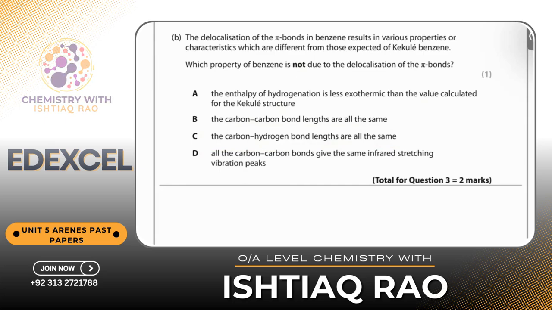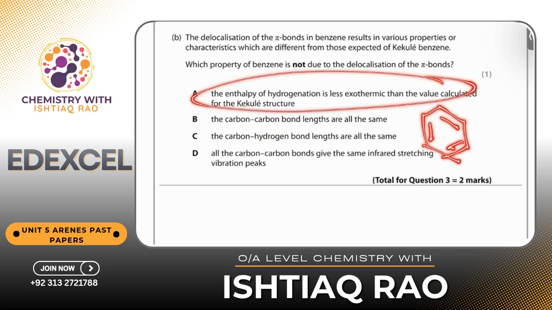You know, what's the question? Which property of benzene is not due to the delocalization of pi bonds? You know, this is your benzene, and delocalization is inside the benzene ring. So hydrogenation is related to the delocalization because we add hydrogen atoms to it.